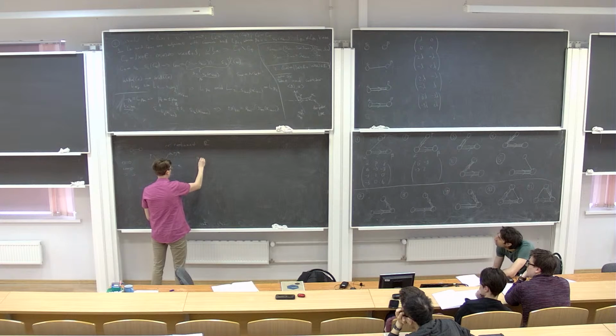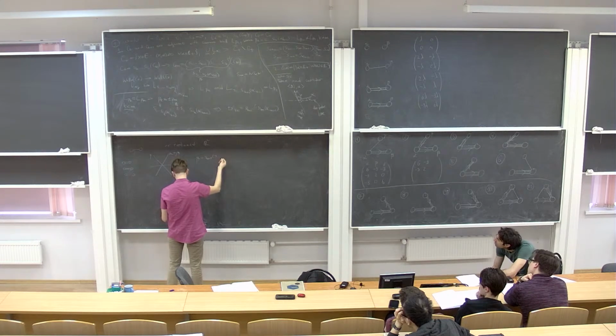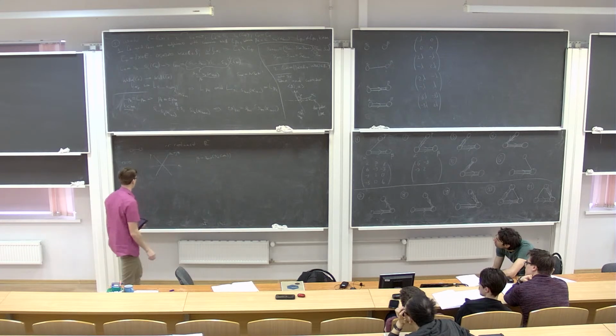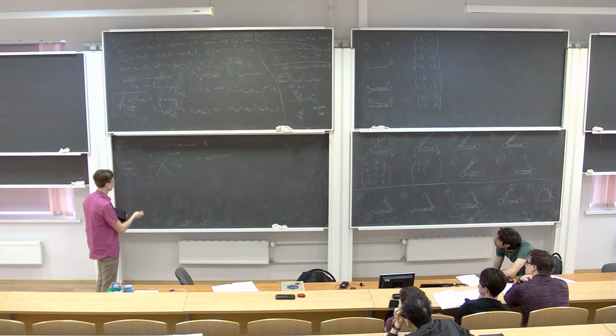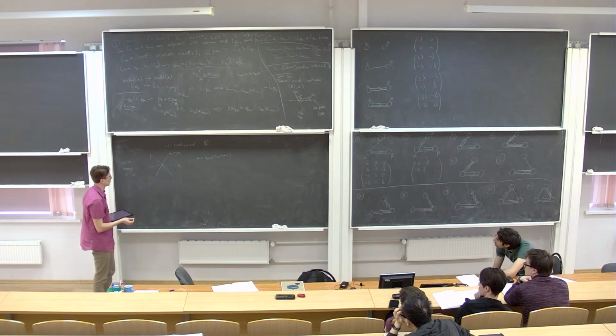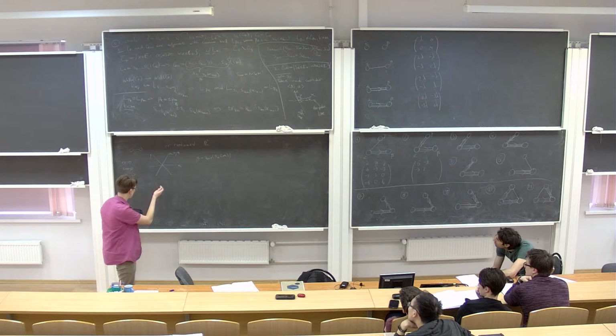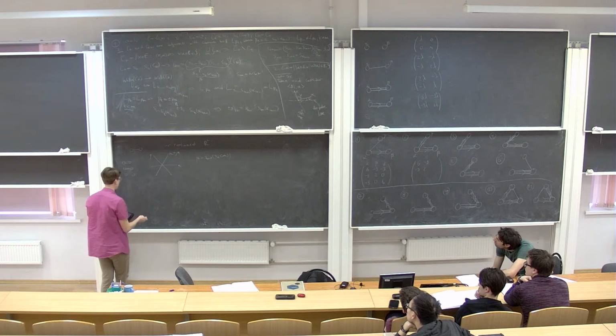We can compute beta by symmetry like that. You can look at a picture, and probably also compute it by some coordinates. So that's the first part.